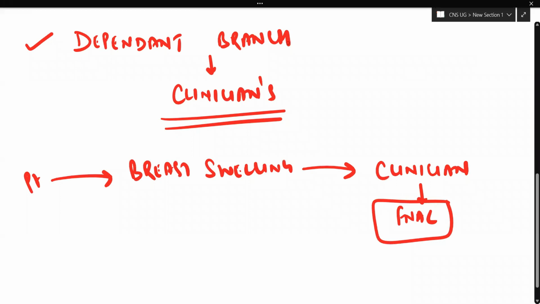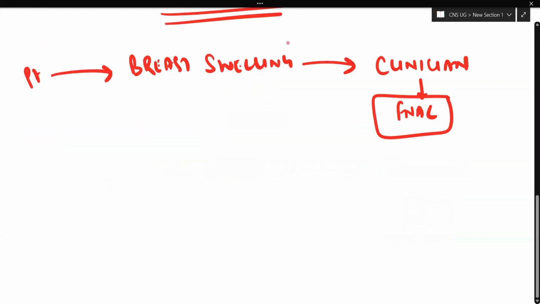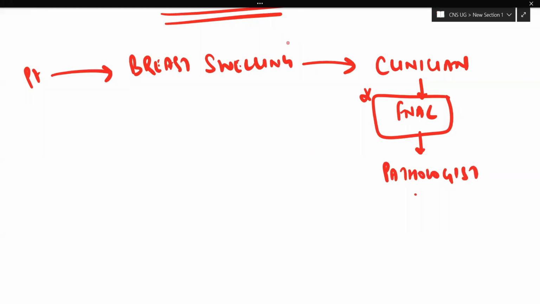I hope you all know the meaning of FNAC. It is a fine needle aspiration study. Those of you who have joined MD Pathology and have rotated through your cytology posting, I hope you know it is a needling procedure. Once the clinician writes FNAC, only then is that case going to come to the pathologist. Now you have to understand what the role of a pathologist is over here.